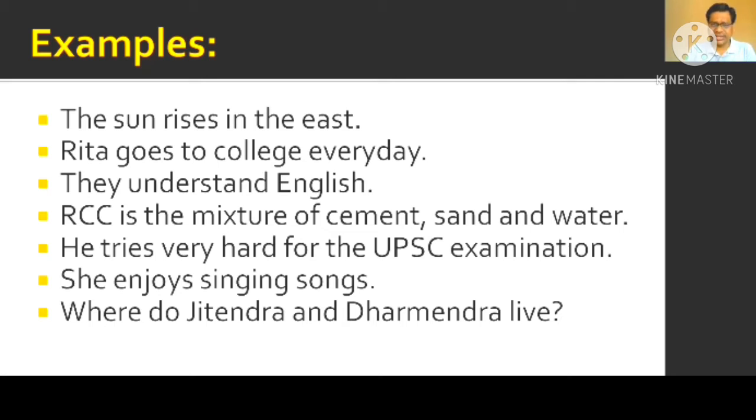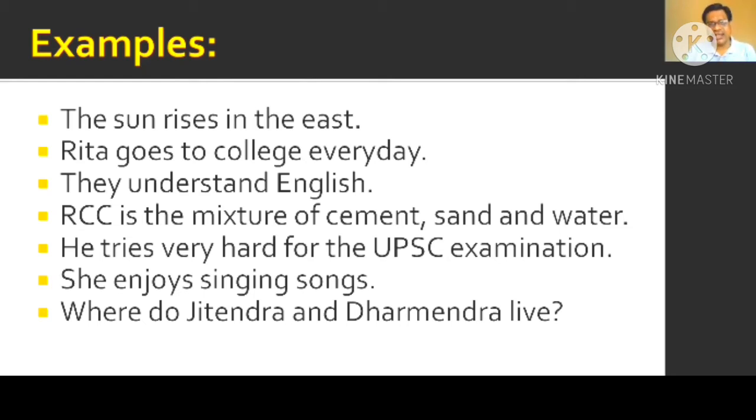Since Rita is a regular student of a college, and whenever the classes are scheduled on the working days, she is expected to go. So the sentence says, Rita goes to college every day. This is the regular action, everyday action done by Rita.